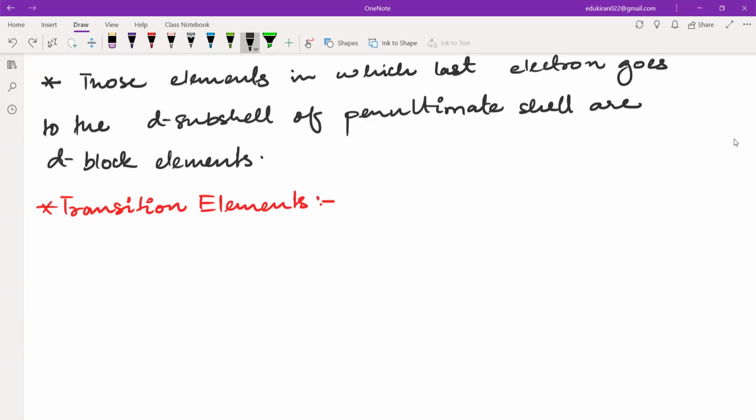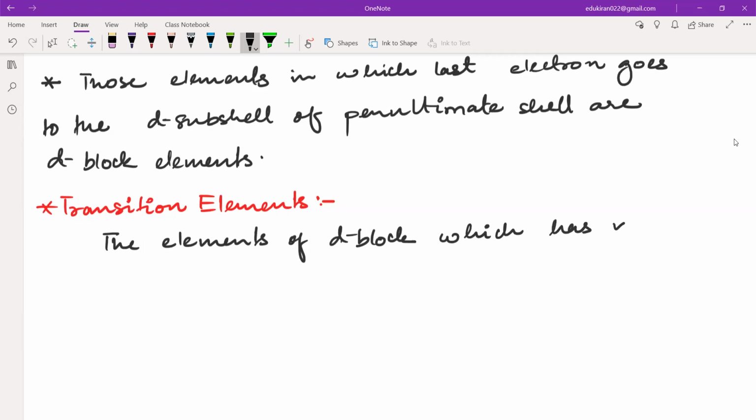So these elements are the elements of D block which has incomplete D subshell.